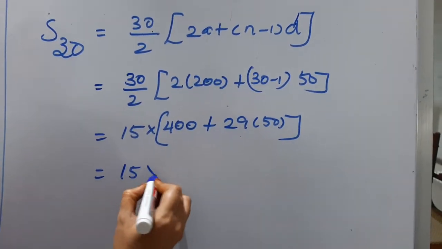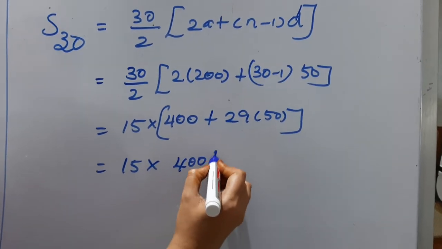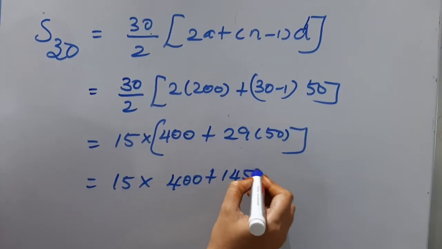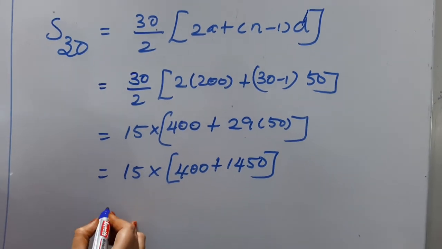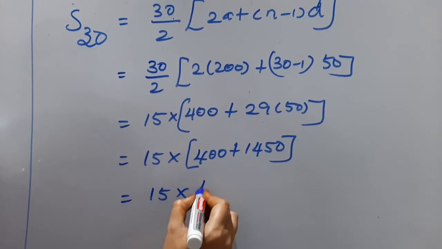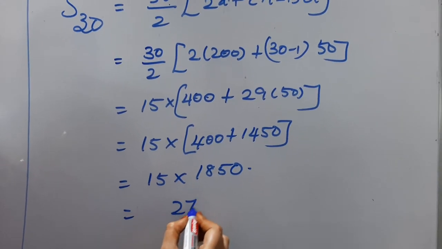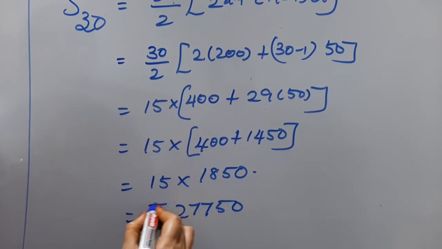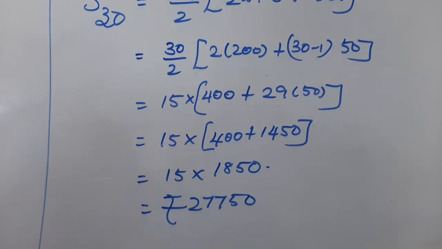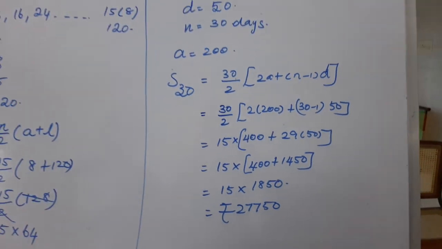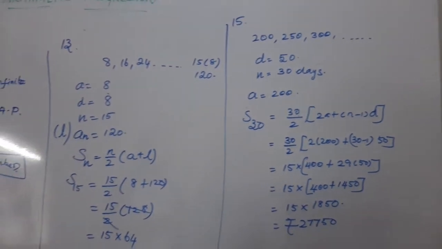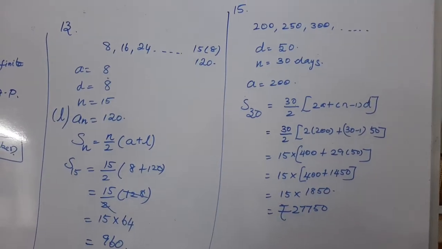That is 15 into (400 plus 1450), which is equal to 15 into 1850. That is equal to 27,750 rupees. The penalty the contractor has to pay for the delay in work is rupees 27,750.